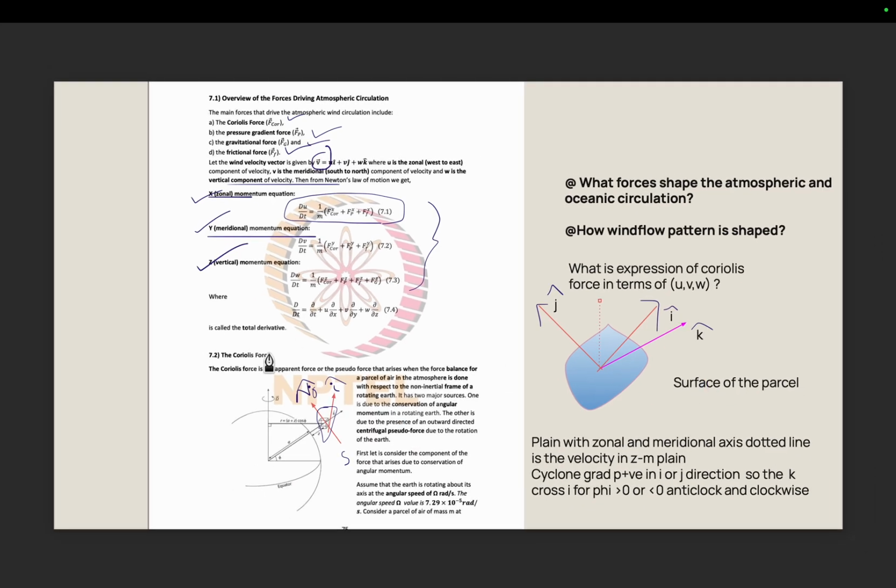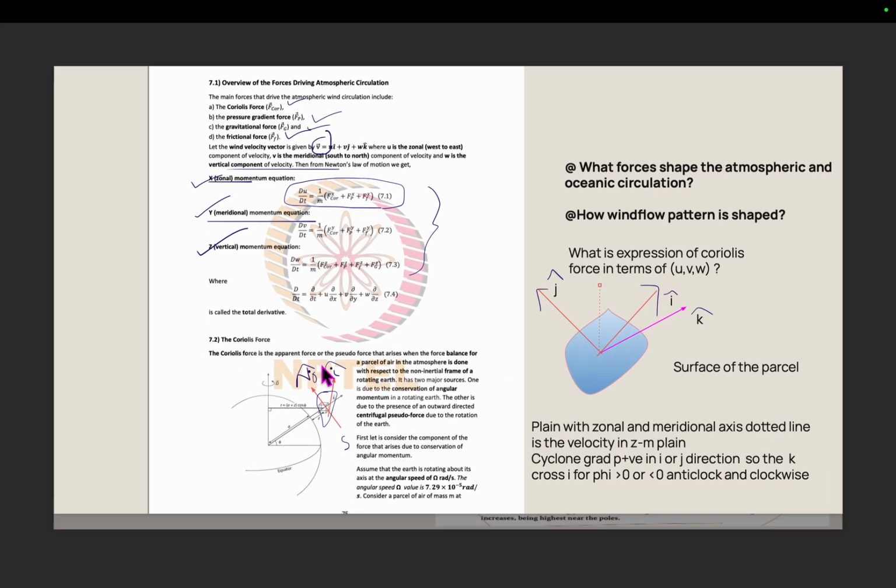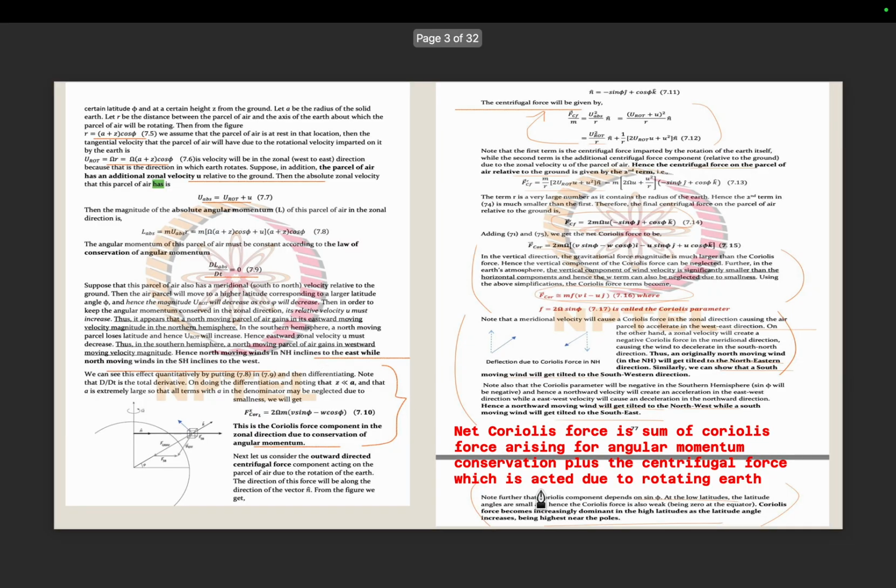Now the Coriolis force has two terms. The first effect of the Coriolis force arises from the conservation of angular momentum principle. Why is angular momentum conserved? Angular momentum is conserved because the Earth's rotational velocity, omega, does not change with time.